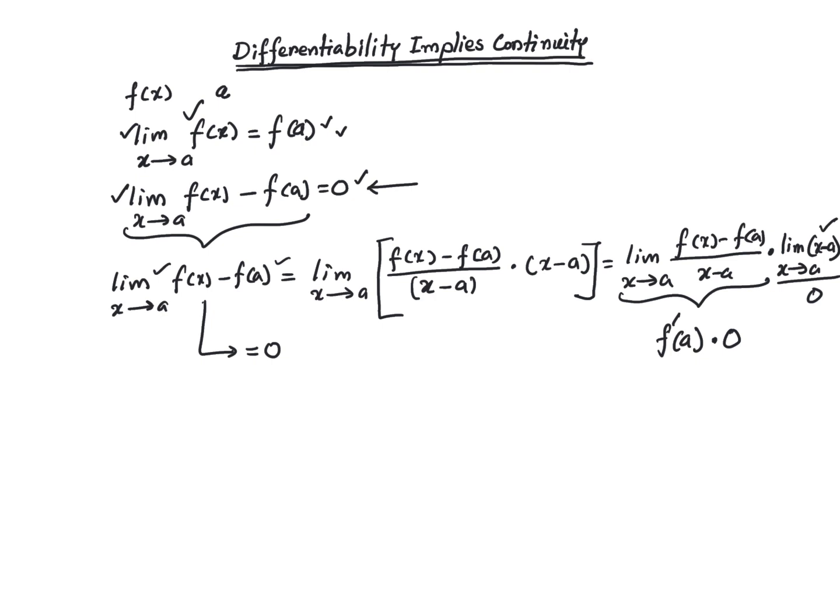So we just showed that differentiability implies continuity. However, the converse is not true. That means if a function is continuous, that does not necessarily imply that it is differentiable.